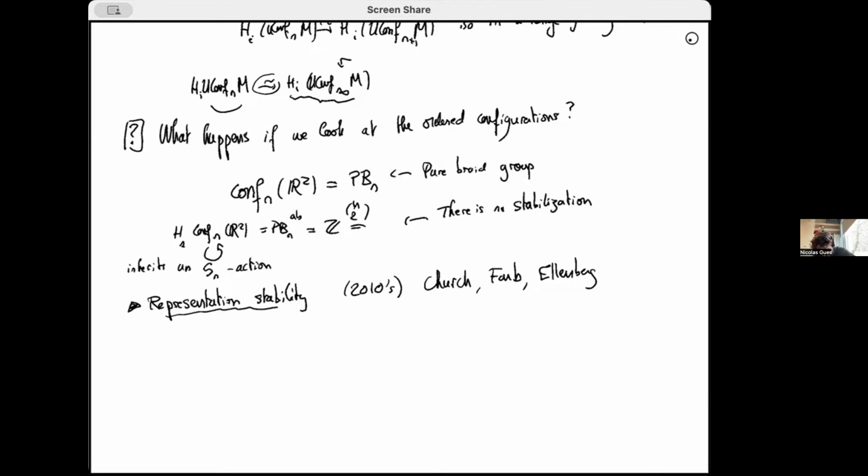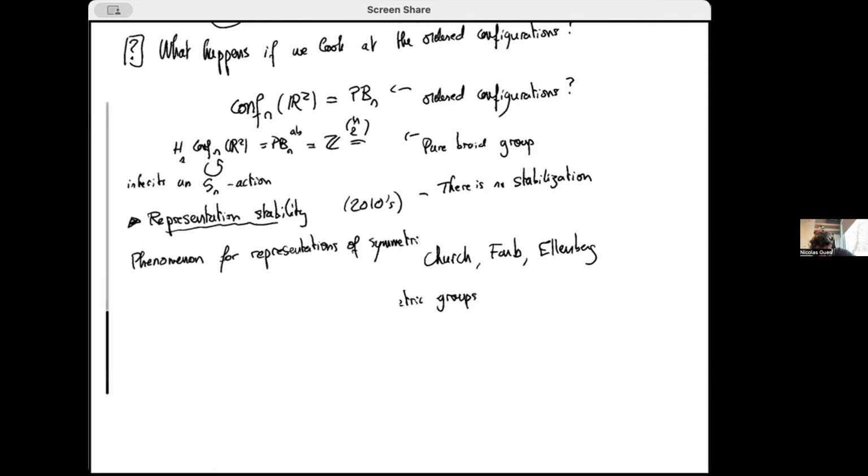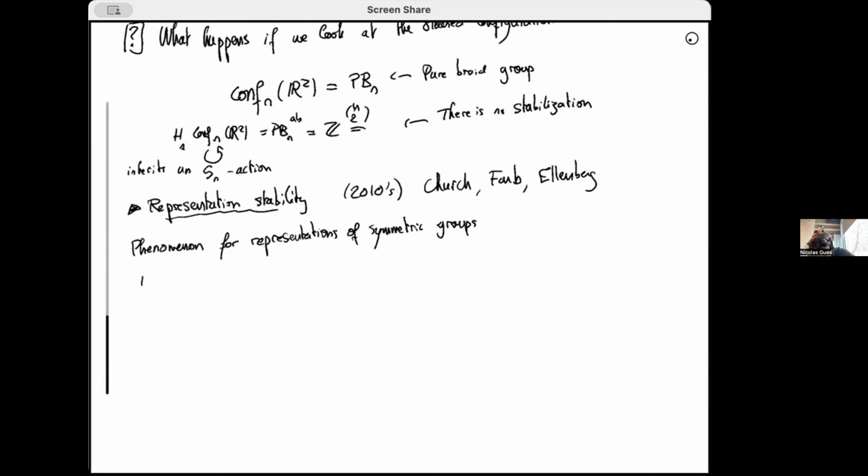So they noticed a phenomenon happening for families of representations of the symmetric group that arise naturally in the wild. So I need to define something.